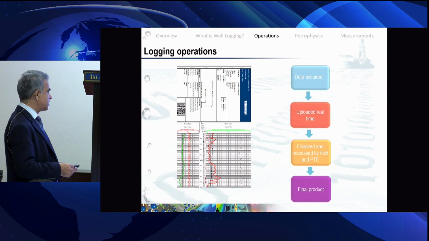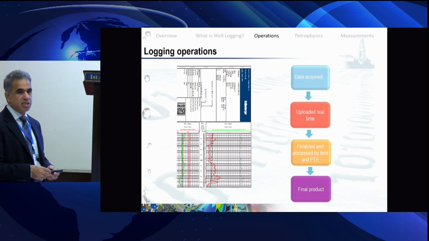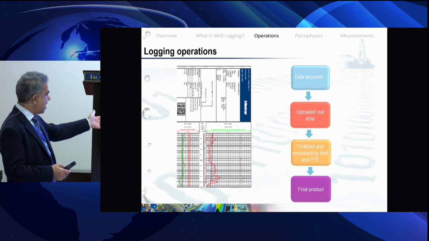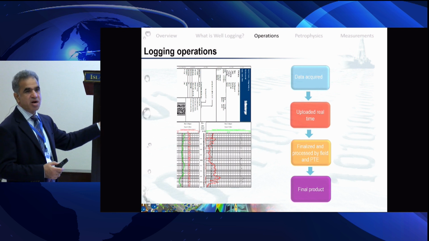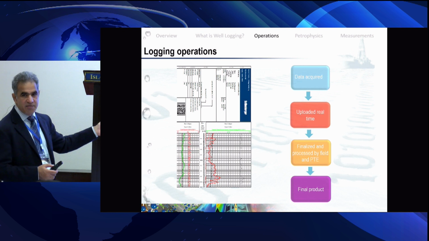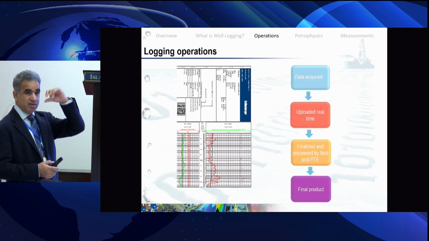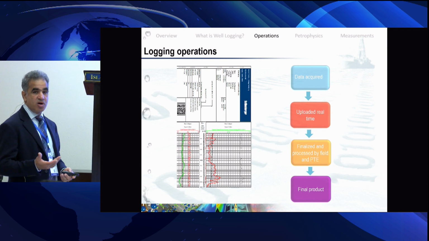Similarly, log analysts, whether they are petrophysicists, geologists or reservoir engineers, also become expert at reading these logs, and they know what color it could be and what scale it could be. That's why it was standardized, so we don't need to look at it every time. We look at the response, and then we can see what these logs show.